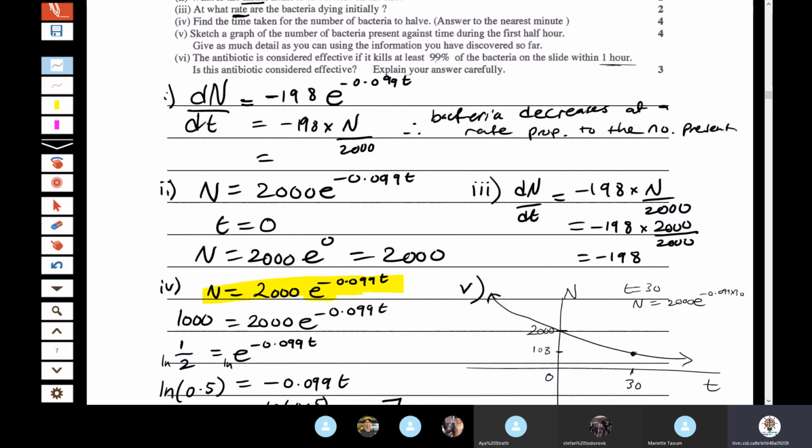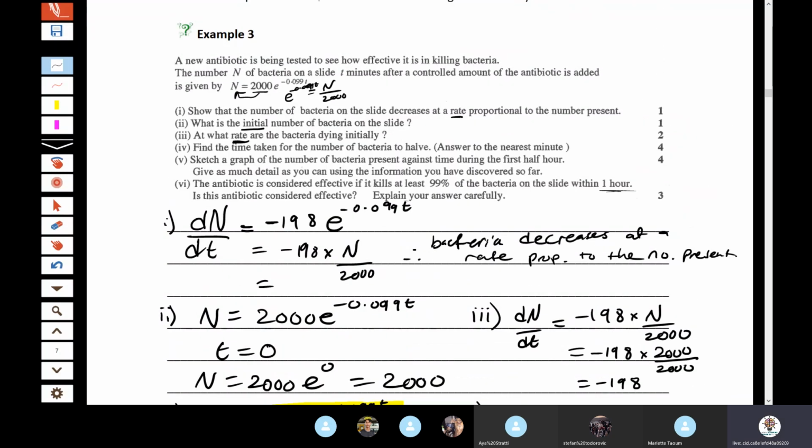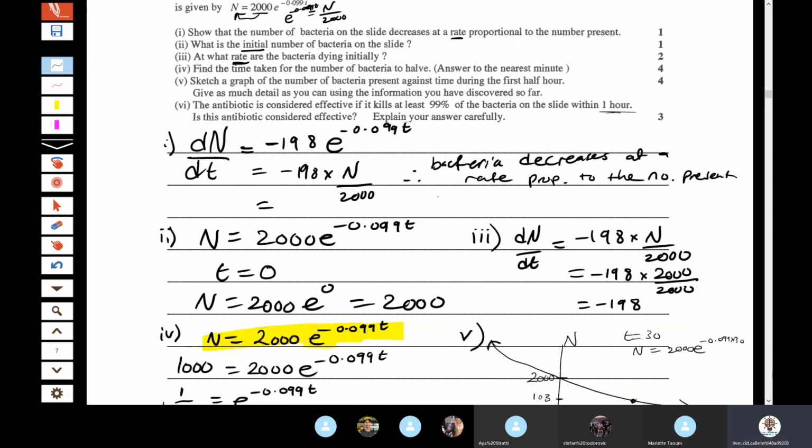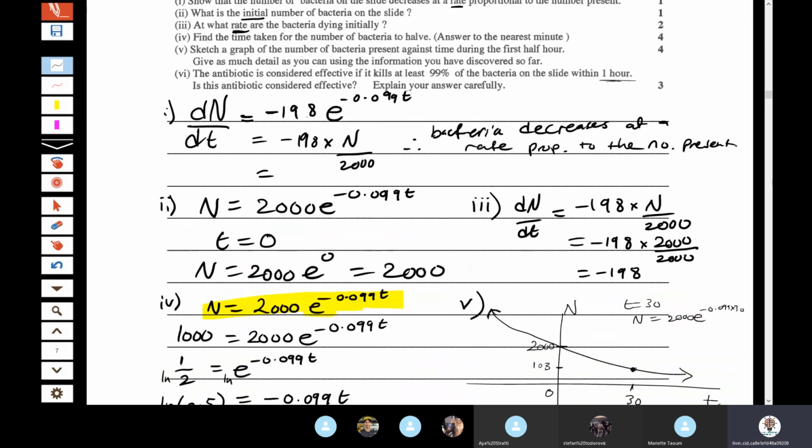If it kills at least 99% of the bacteria on the slide within 1 hour, what do you think I'm going to let n equal to? Where n stands for number of bacteria on the slide. What would I let n equal to? Any ideas?